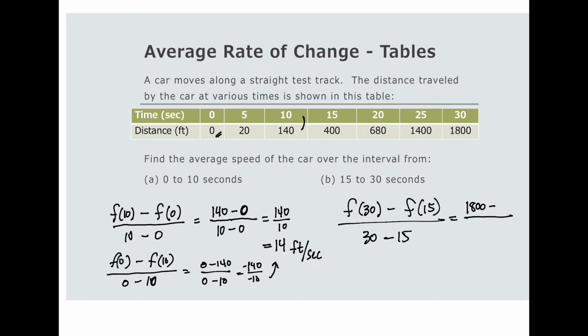And at 15 seconds, we're at 400 feet. And then we have 30 minus 15, which is 15. So this gives me 1,400 divided by 15. We get 93.3 repeating feet per second.